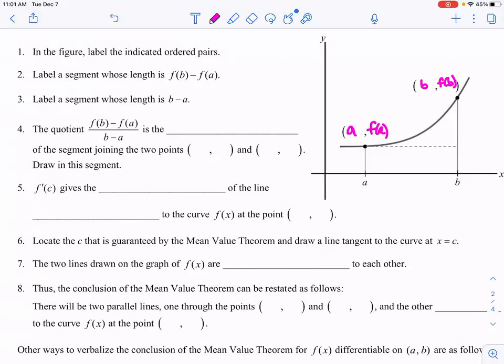Label a segment whose length is f of b minus f of a. Label a segment whose length is b minus a. Talk about that amongst yourselves and figure that out.